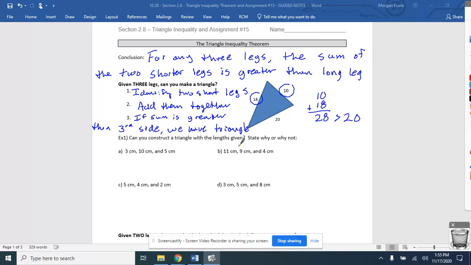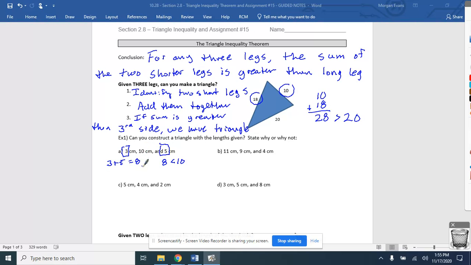If we keep moving here, can you construct a triangle with the legs given? Explain why or why not. Let's do the same that we did here. Let's find our two shorter legs. 3 and 5. 3 plus 5 is equal to 8. 8 is less than 10, our third side.